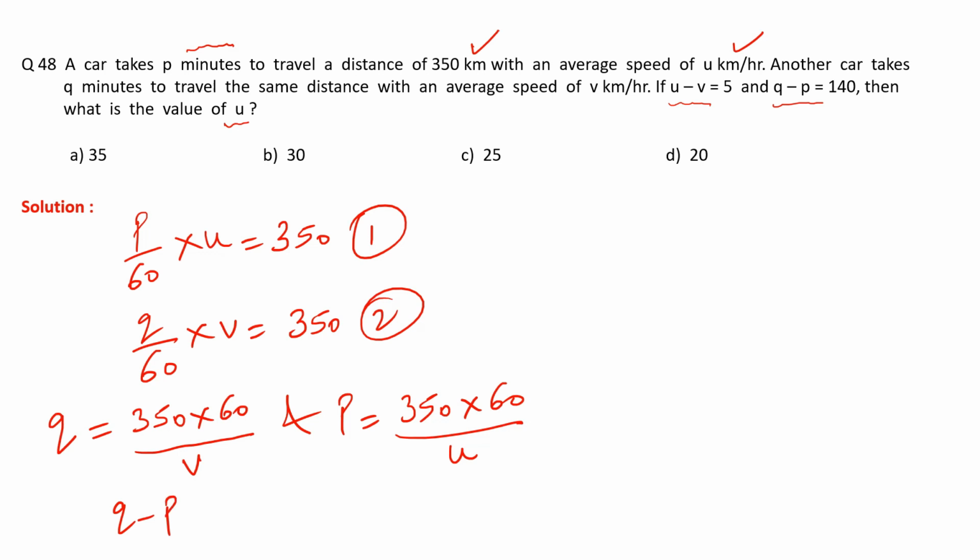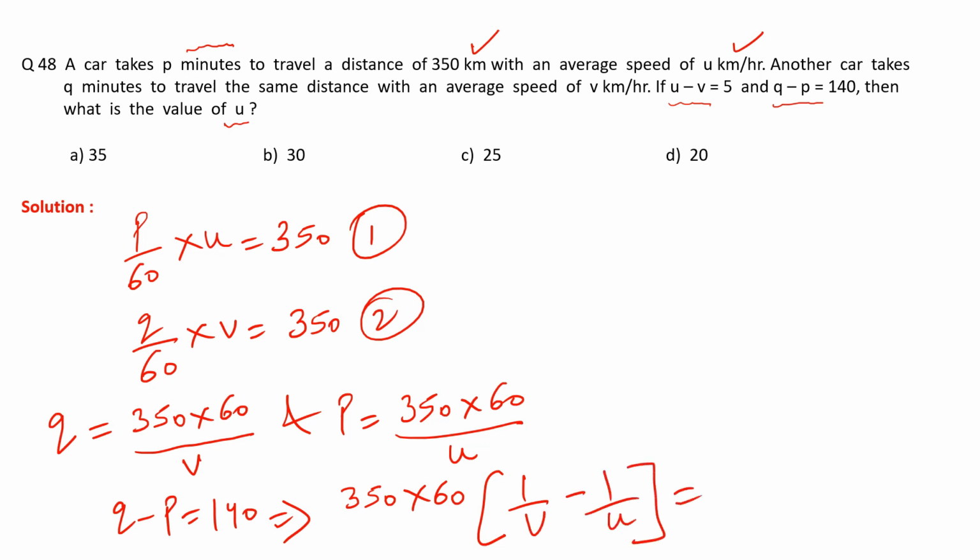Since we are given q minus p equal to 140, it means 350 into 60, if I take out common and inside the bracket 1 by v minus 1 upon u, then this is going to be equal to 140. So that means I can write 1 upon v minus 1 upon u equal to 140 divided upon 350 into 60. So let us simplify this.